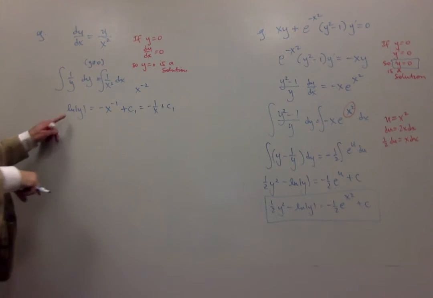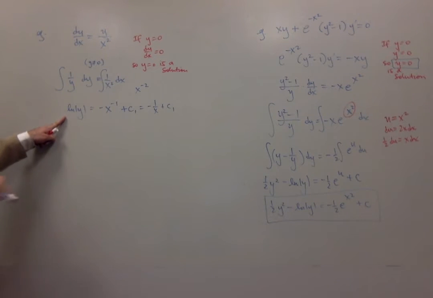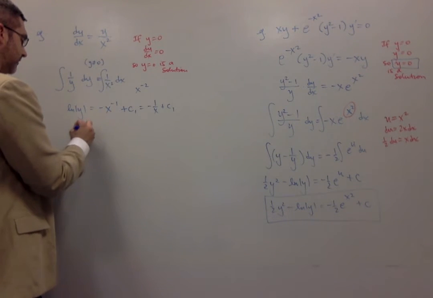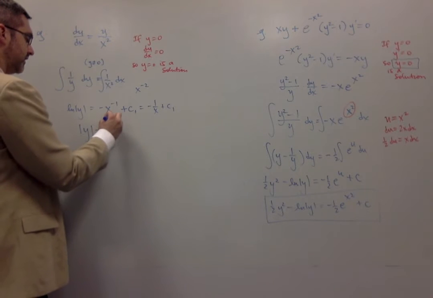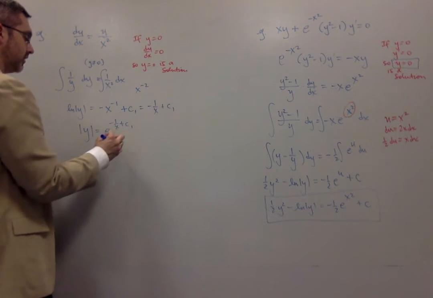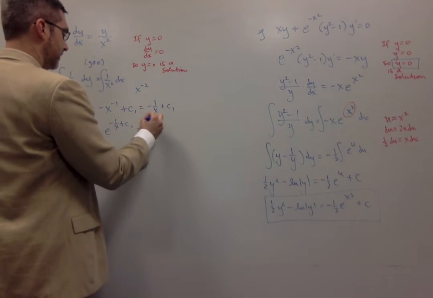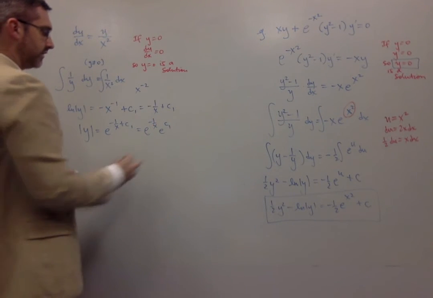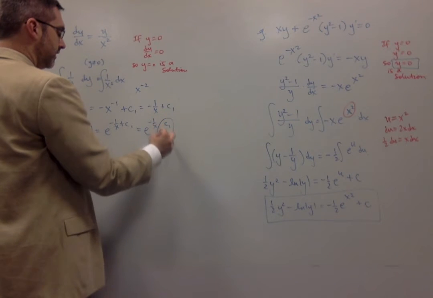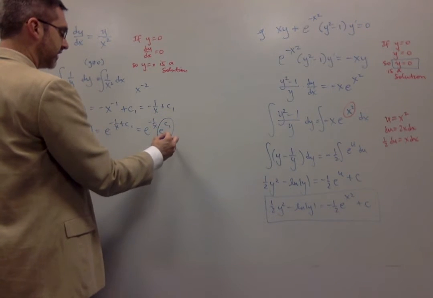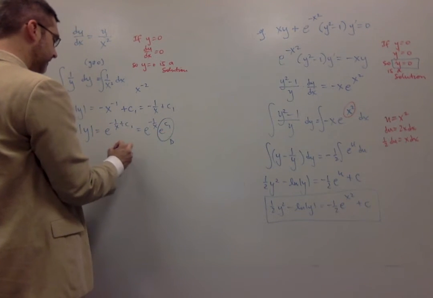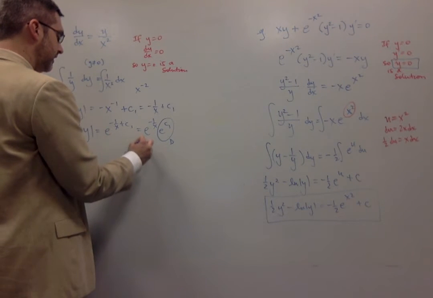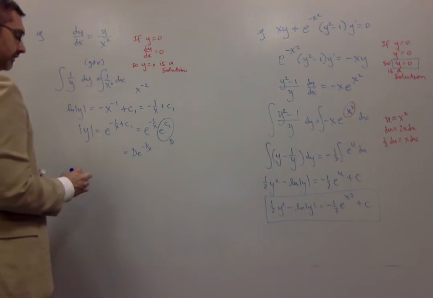Next step to solve for y is I'm going to take e to both sides. So absolute value of y equals e to the minus 1 over x plus c1, which I'm going to separate into the e to the minus 1 over x, e to the c1. This is now any positive constant, so I'm going to call that d. d e to the minus 1 over x.